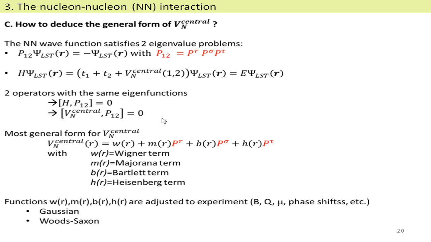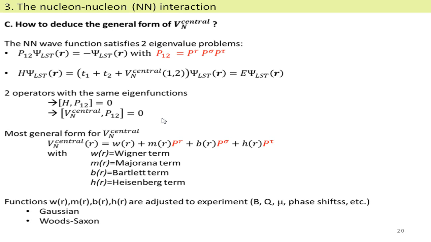And we know that in theoretical physics, if you have two operators with the same eigenvalues, then they commute, and vice versa. This is an important theorem in quantum mechanics. So if we use that here, we know that these two operators, P12 and H, have the same wave function, the same eigenstate. So they should commute.